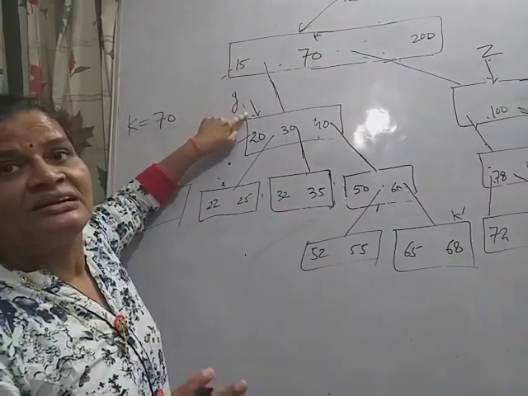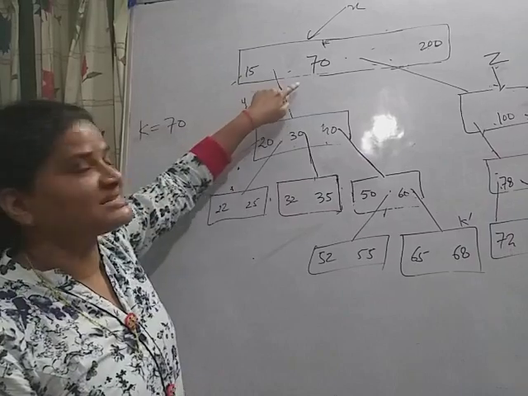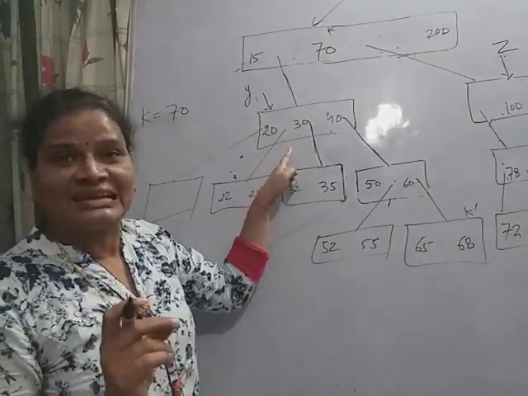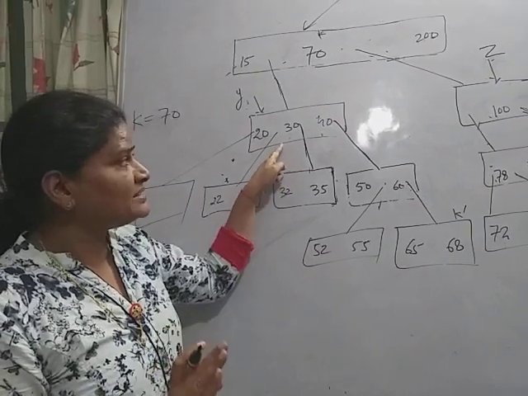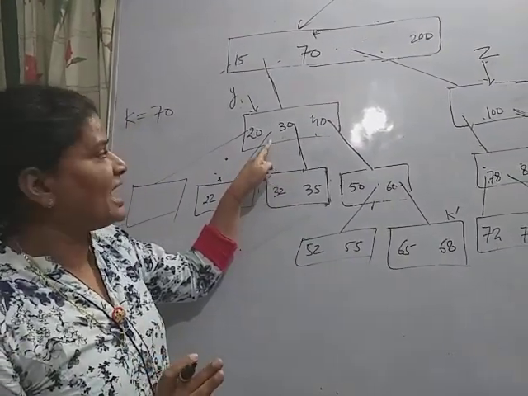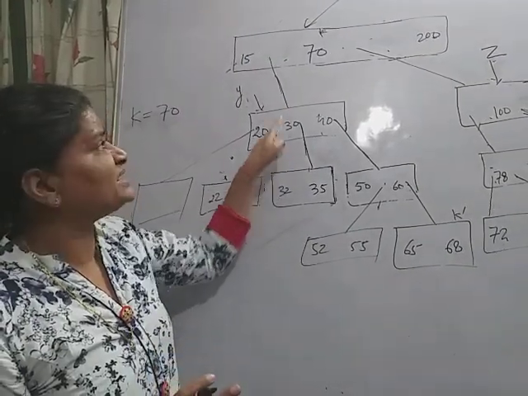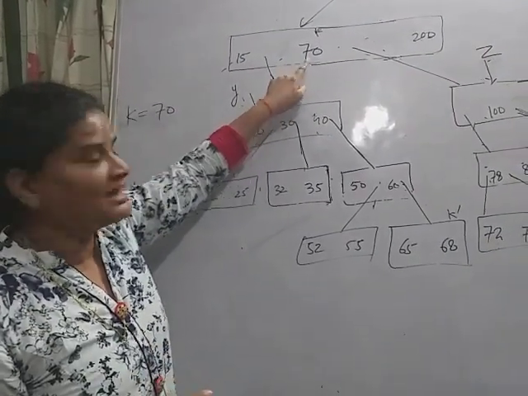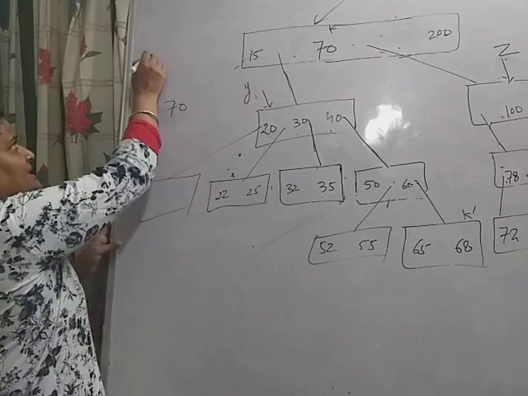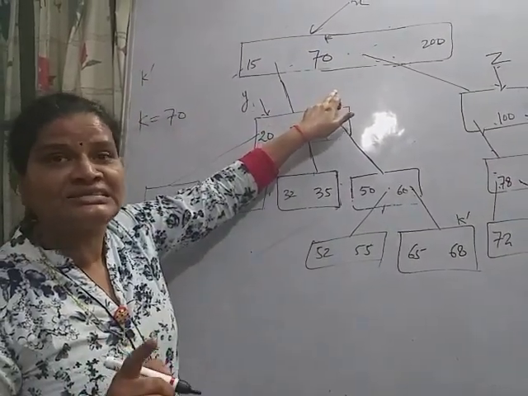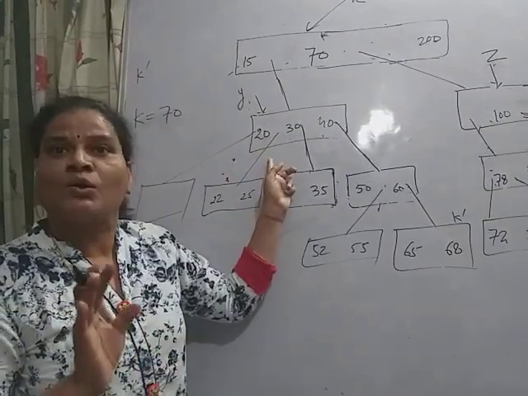If the child y that precedes k has at least t keys, then we have to find the immediate predecessor of k, say k dash, in the subtree rooted at y.